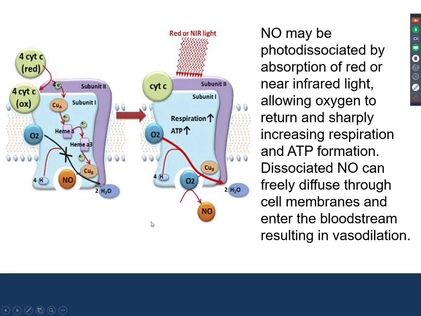Now what's really fascinating is how photobiomodulation works on this photochemical event. On the left is a schematic diagram of cytochrome C oxidase. When you have inflammation or an injury process, you have an increase in intracellular nitric oxide.